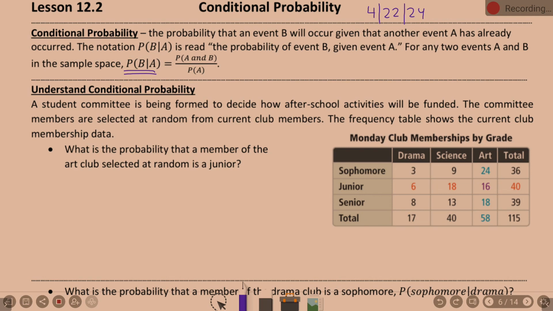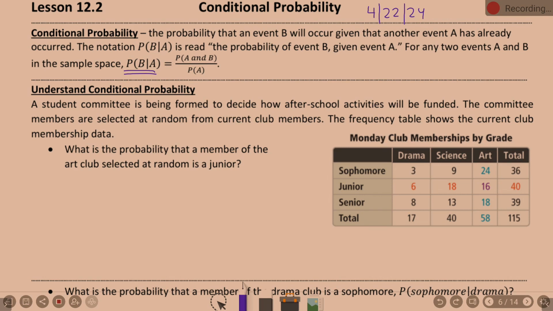We want to know overall what is the probability that the student is not just an art club member, but specifically a junior art club member. And so the way this one is worded, what is the probability that a member of the art club selected at random is a junior? So what is the probability that the student is a junior, given what has to be true? They have to be a member of the art club.